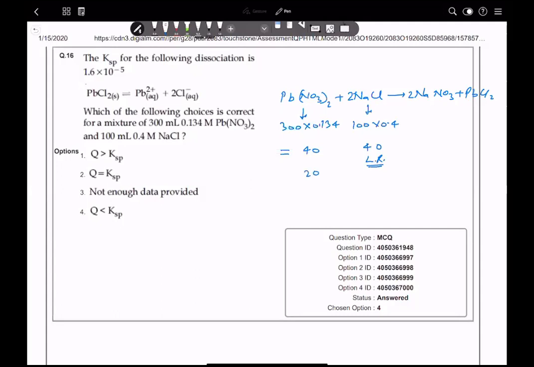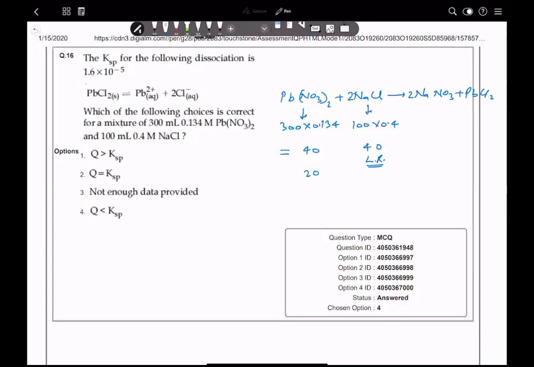The leftover is about 20 millimoles, and then the other one is PbCl2, which is precipitated out. So in the solution it is forming PbCl2 along with some Pb2+ ion. That means it is the condition of precipitation.